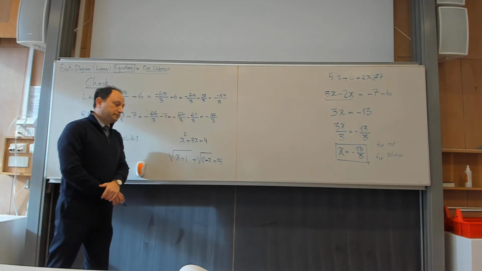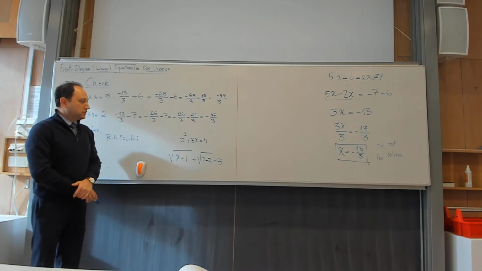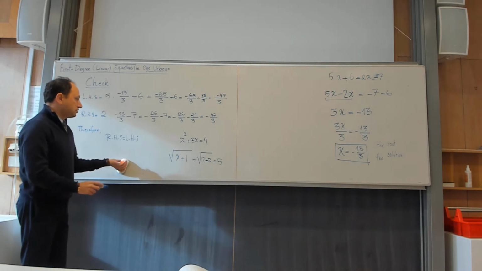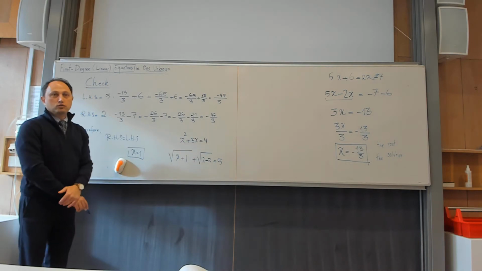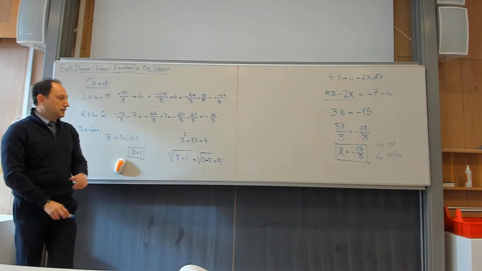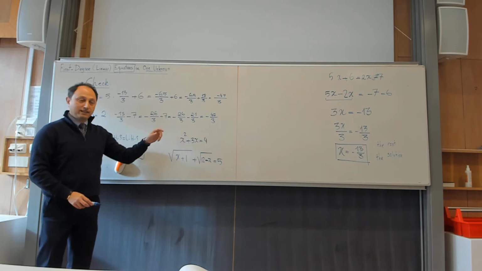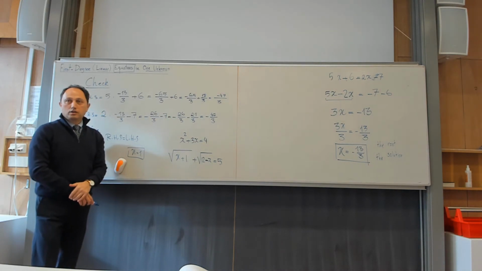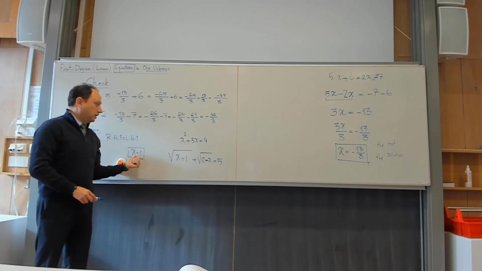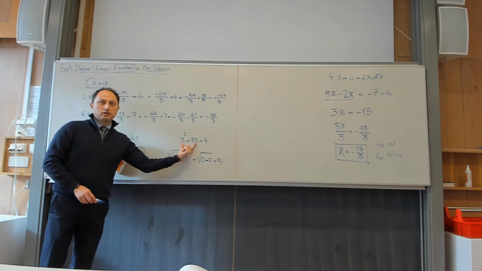Okay, so here, let me ask you, do you think that x equals to 1 is a solution of this equation or not? Even if you don't know how to solve and reach to this, do you think this is a solution? If you replace x with 1, what would be the left-hand side? It becomes 4.